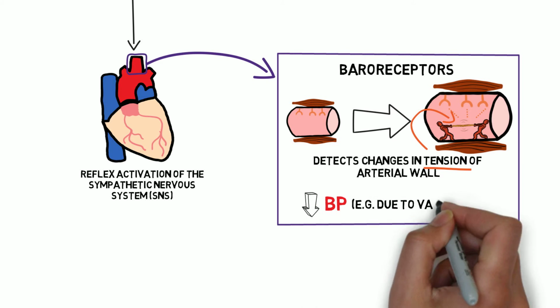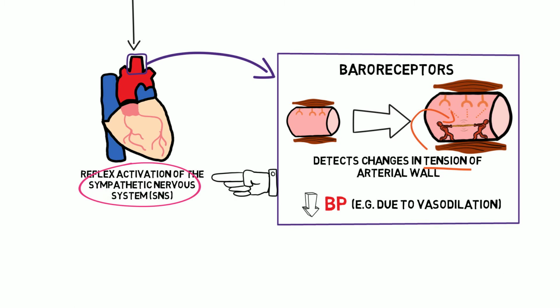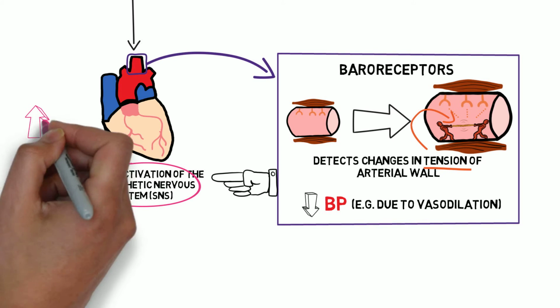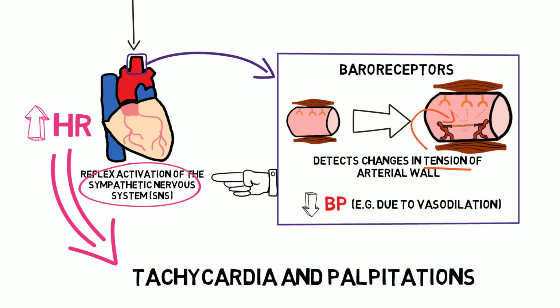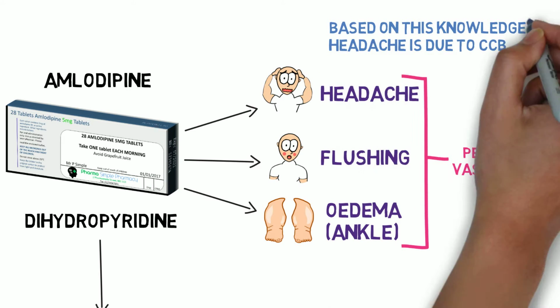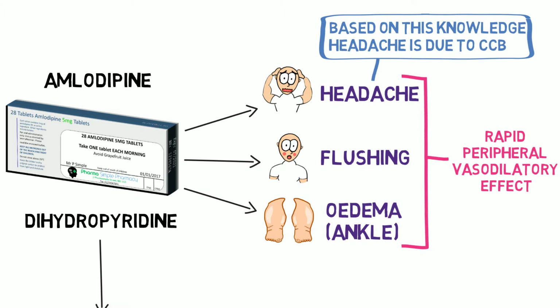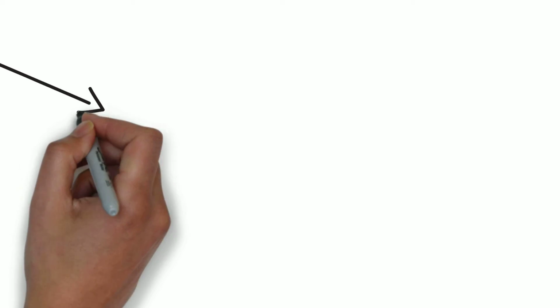Thus, a drop in blood pressure may trigger the sympathetic nervous system as a homeostatic mechanism to increase the heart rate to help elevate the blood pressure back up, leading to side effects such as tachycardia and palpitations. Therefore, based on the knowledge we have just picked up, it is possible that Miss Pulse is suffering a headache as a result of initiating a calcium channel blocker.